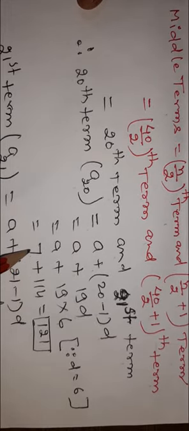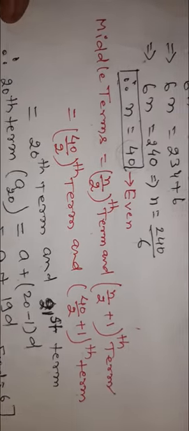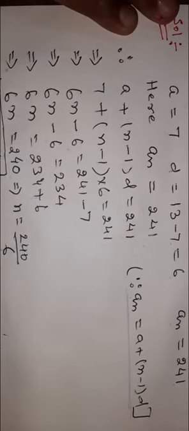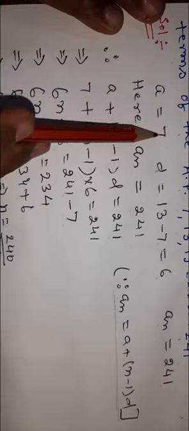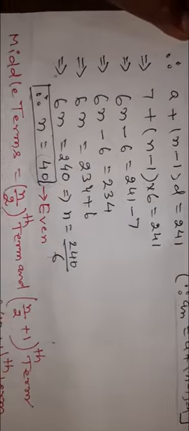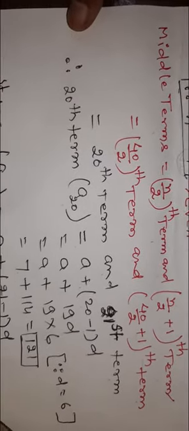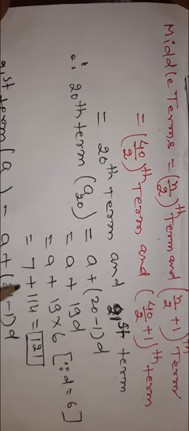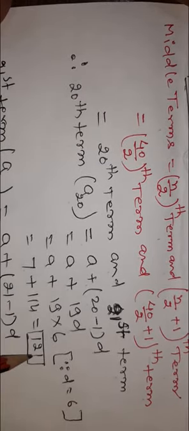First term is here 7 from the given AP. Look at here. Here the first term is 7 and common difference is 6. So applying these values, it will be 121.